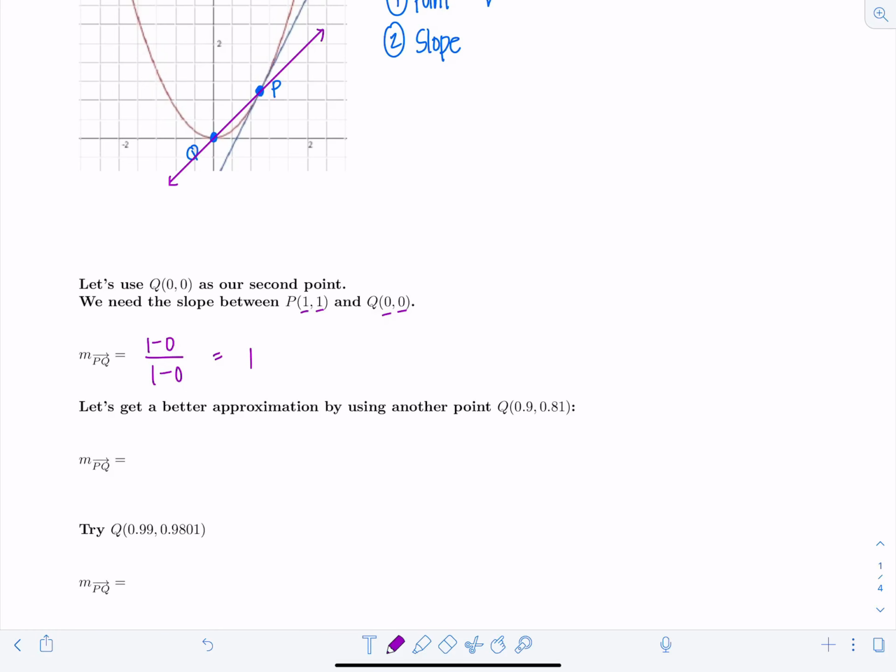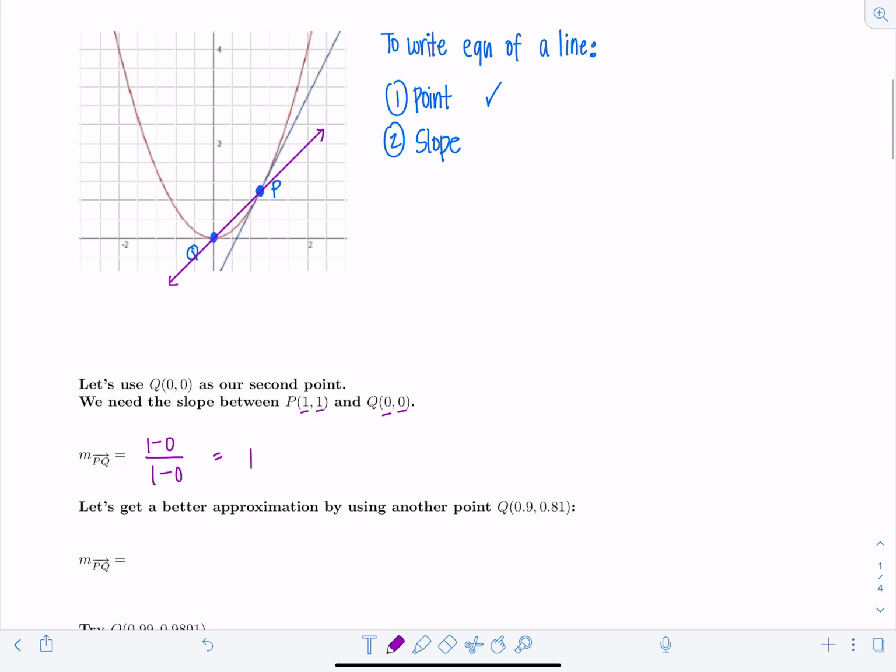All right, now how could I make it so that the slope of this purple secant line is closer to the slope of the tangent line, that blue line that I want? What if I just move my point Q over a wee bit, so that it gets closer to point P?